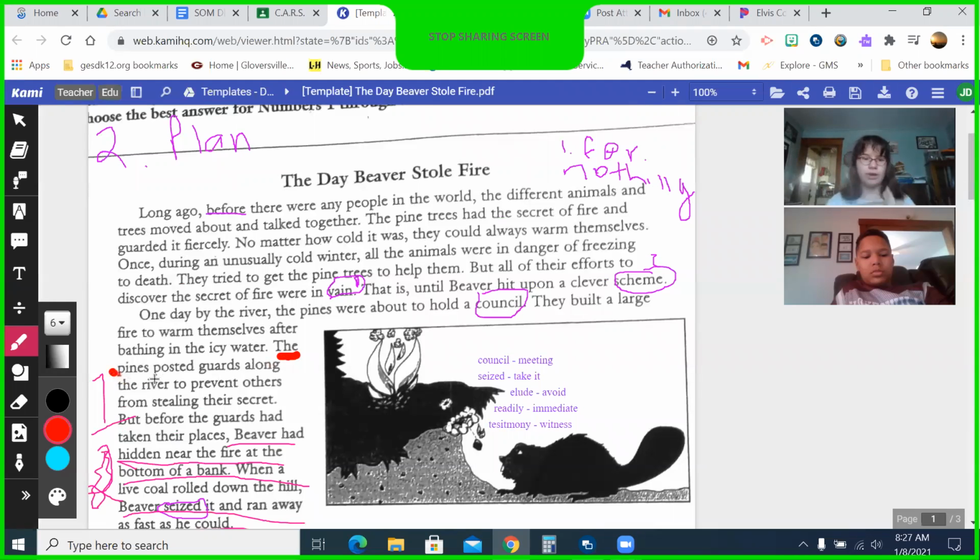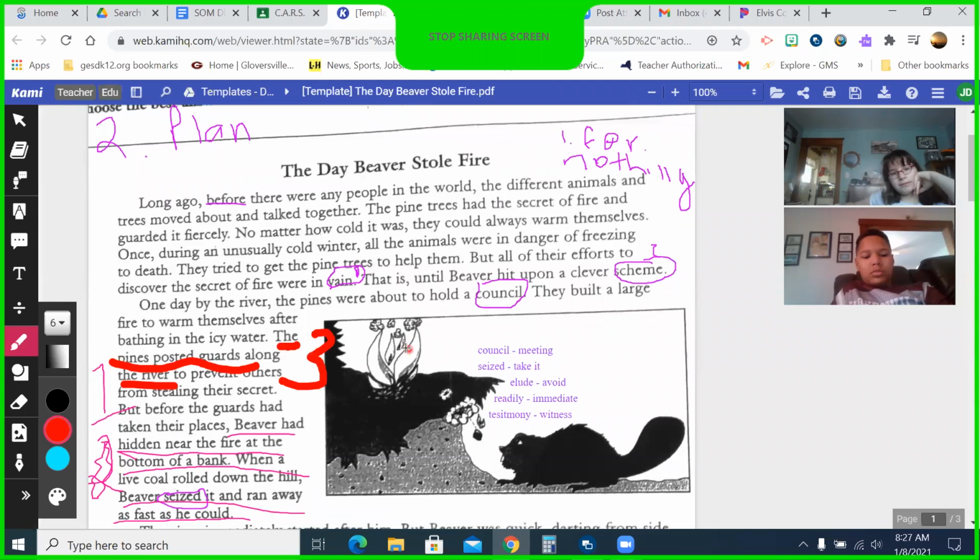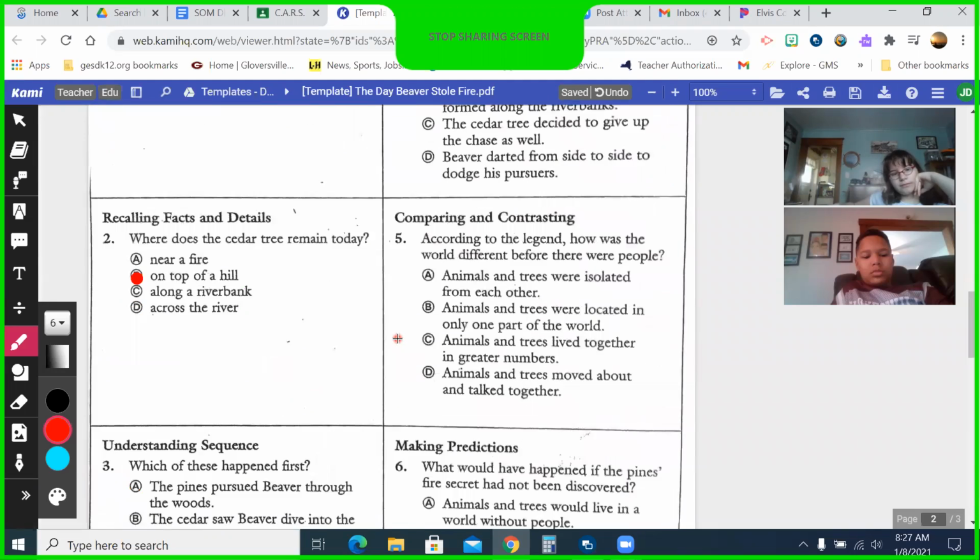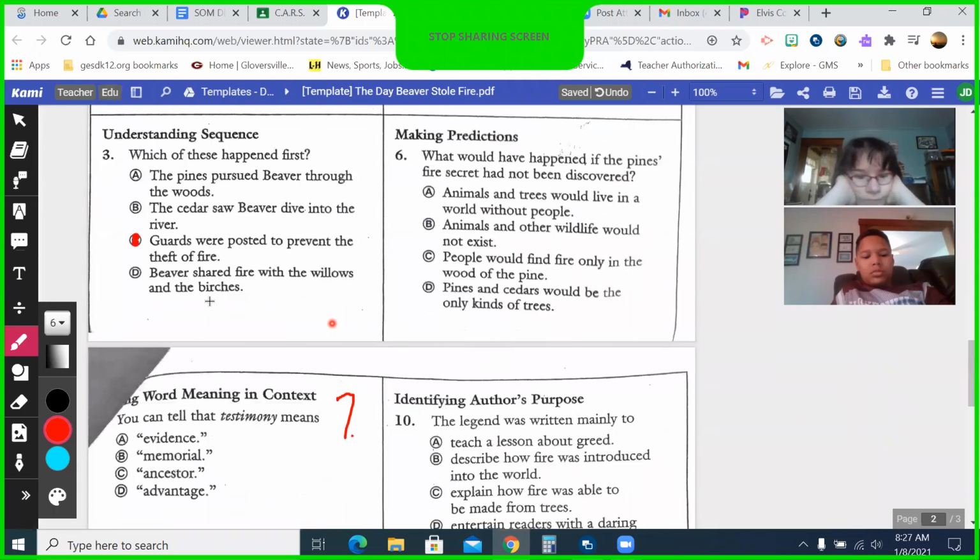Actually, I'm going to speed this up a little bit for time's sake. This is a sequence question, right? In a sequence question, you have to actually look at all 4 of your choices to be able to figure out what happened first. So you should have technically underlined 4 different things in the text.